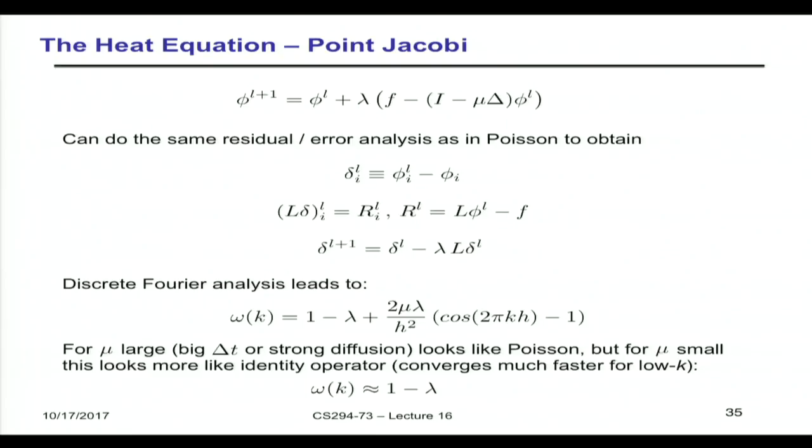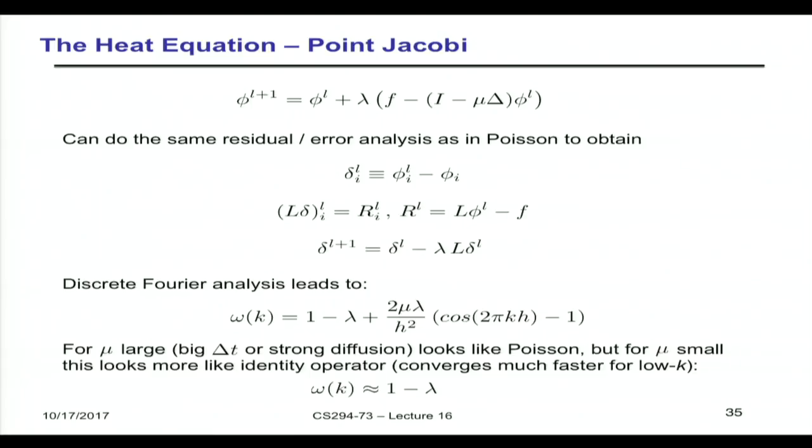So let's analyze this. If mu is large, which means that it's more like Poisson than it is like an identity, then all these other terms don't matter, and the only thing that matters is this guy. And so then it starts looking like our wave number iteration.